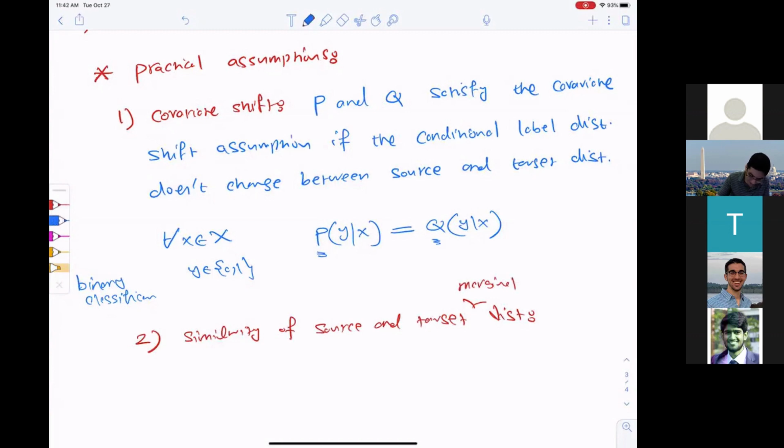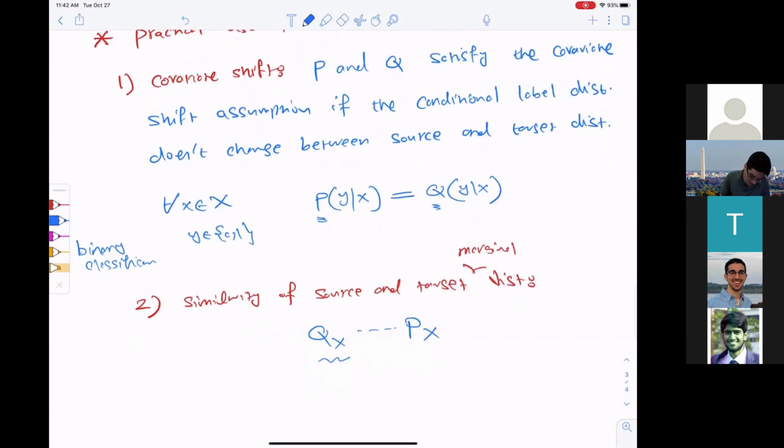If you look at the marginal distribution of your source, which is QX, and the marginal distribution of your target, PX, there should be a relationship between them, right? If they are completely different, then you won't be able to learn anything meaningful from your source for your target domain. So that's the second assumption.